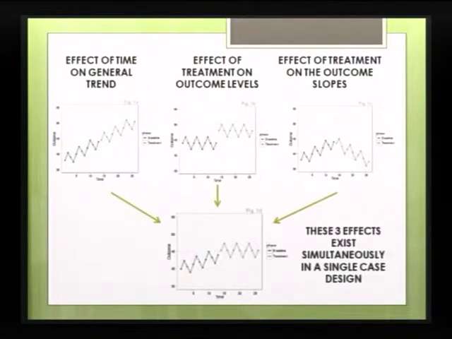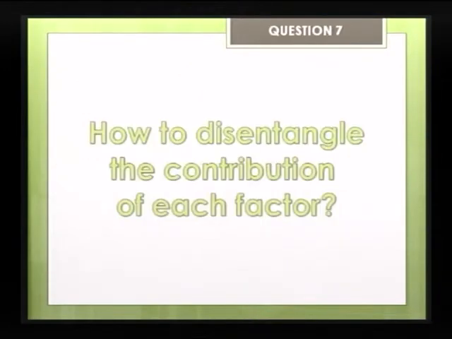So we need a way to disentangle the role of each factor involved in a single case design. And how could it be possible to disentangle the contribution of each factor?